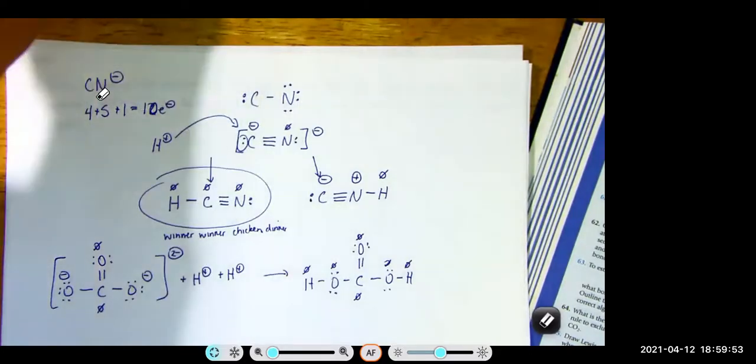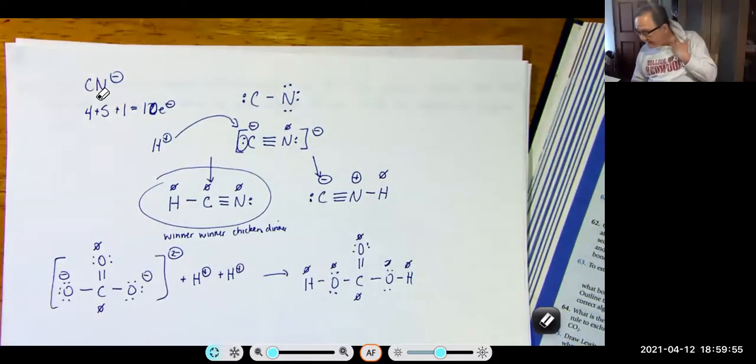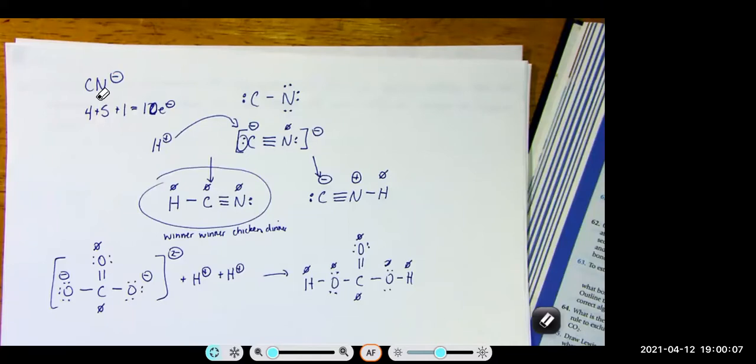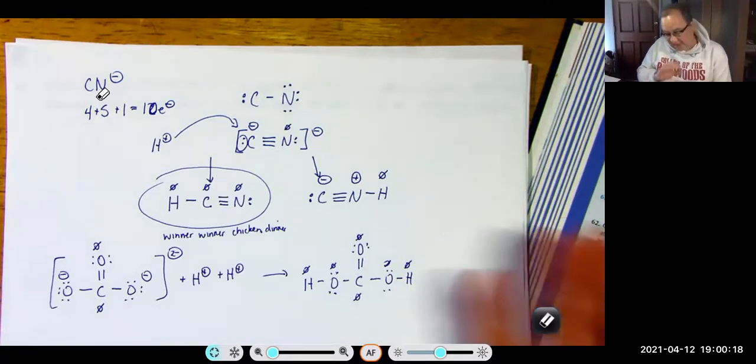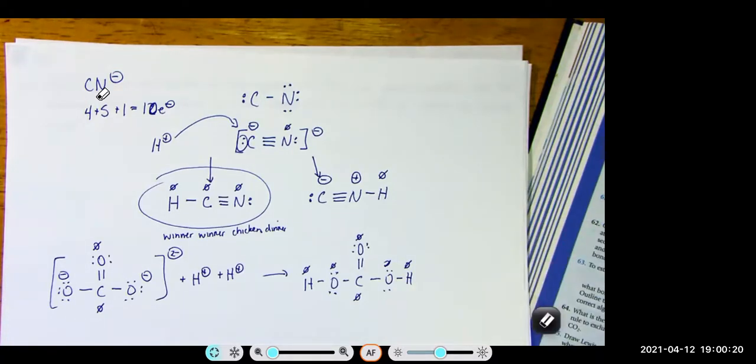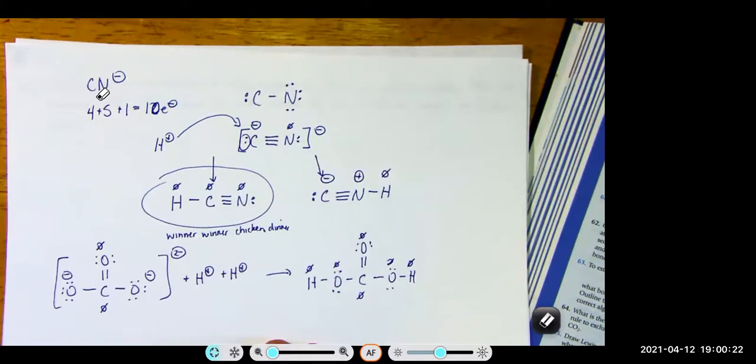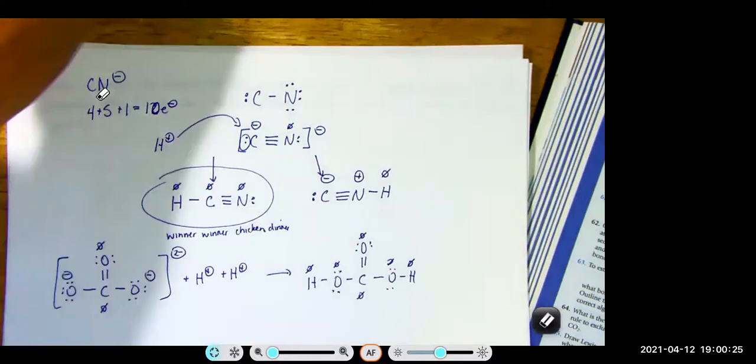The lesson you're supposed to learn for number 70 and 71 is that the hydrogen is going to add to an atom with a negative formal charge. Does that mean that it makes it more stable too, because the formal charge is now 0? Well, no, not necessarily. So can we do 71 with SO3 2 minus? Sure.